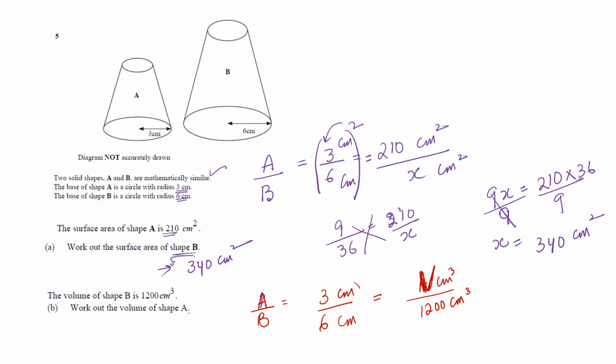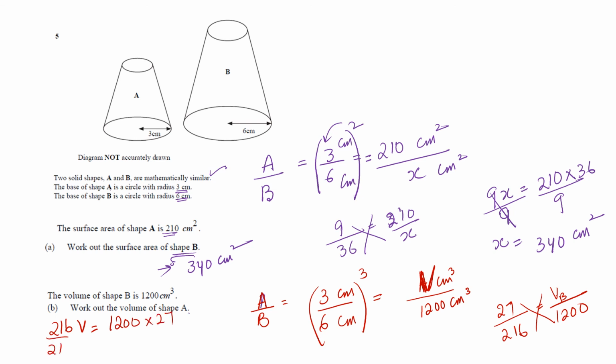So here the cube, so it means you have to take the cube of the length. So 3 cube means 3 into 3 into 3, that is 27, over 6 cube, which means 216, equals volume of A over 1200. Now cross multiply. As I said, always try to keep the unknown value on the left hand side. So multiply V with 216 to make our lives easy. So 216V equals 1200 times 27.